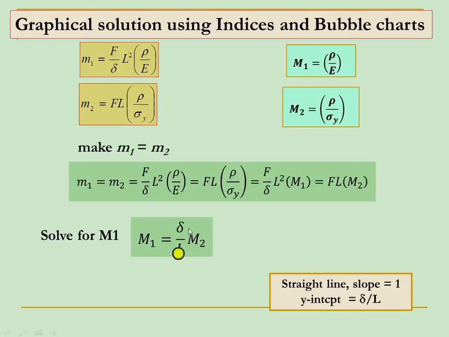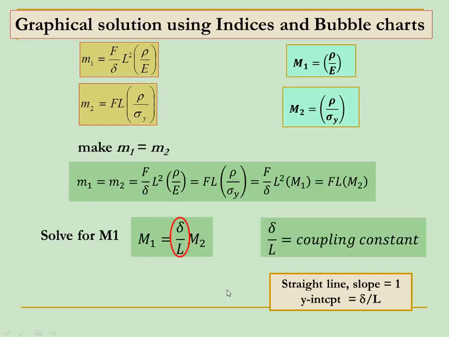The difference from what we showed in our last slide is that there we plotted the absolute values of m1 and m2, the masses, but now we can plot in terms of material index also. We will do that later, but for the time being, by equating the two equations, m1 is delta upon L times m2.